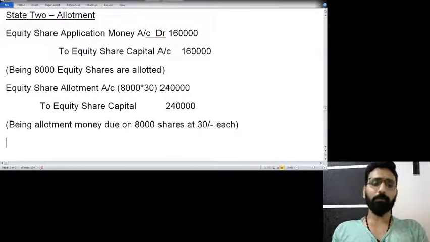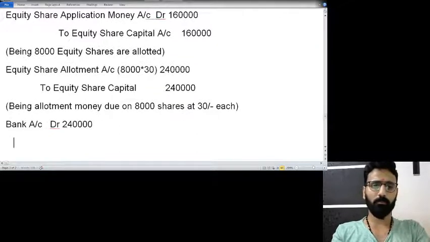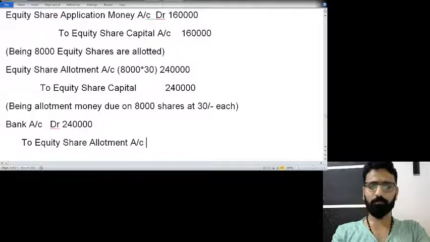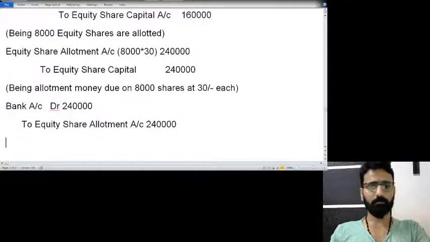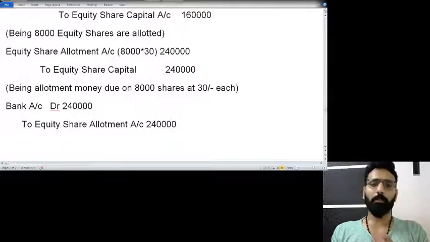Assume everybody paid. So the entry will be bank account debit 240 to equity share allotment account 240. So ultimately what happened? My allotment money due and my allotment money received both are cancelled and it is back to equity share capital.